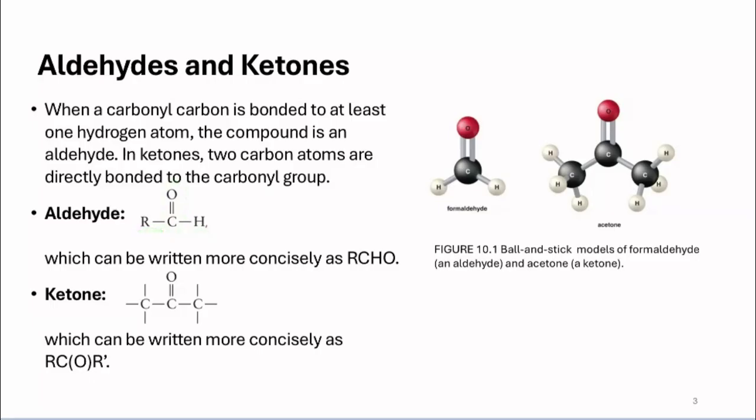As long as you have a C double bond O connected to hydrogen, and on the other side, you have a carbon chain. Because remember that R, we have learned throughout our discussions in organic chemistry, is the rest of the molecule. And in this case, for aldehydes, R is going to be basically carbon chains.